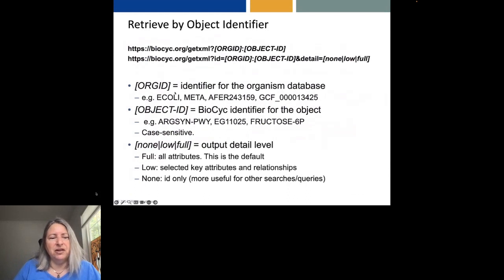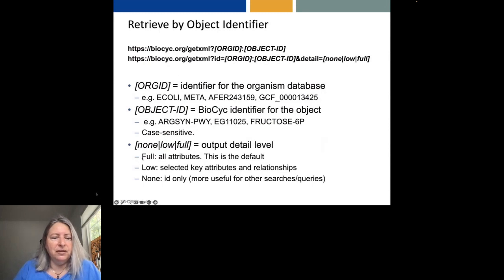Some of our older ones are very understandable, like E. coli is E. coli, meta is metabase. Most of our recent ones are these more unreadable GCF numbers, but they all link to a single database. And then you need the object ID, the identifier for the object. This could be a pathway or a gene or a compound or whatever, and it's case sensitive.